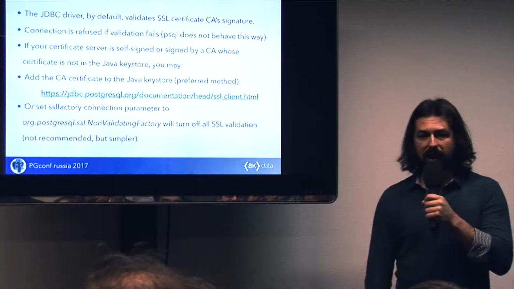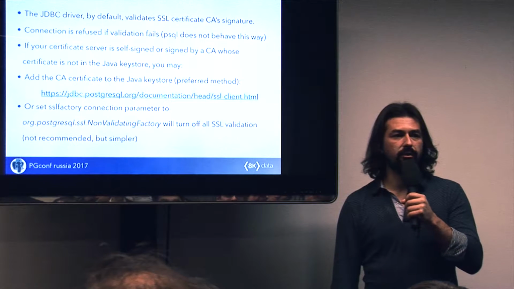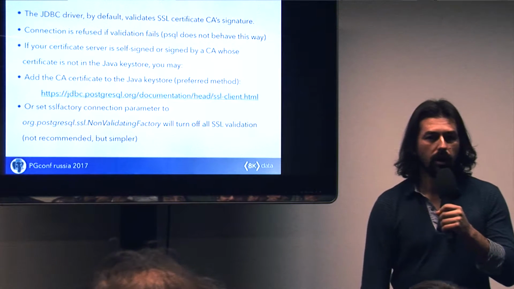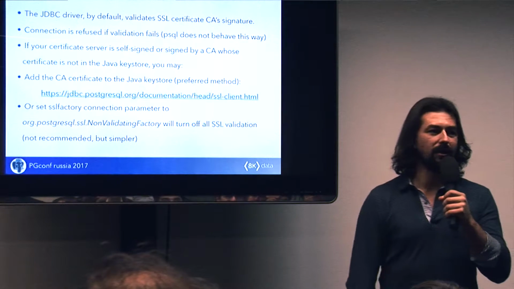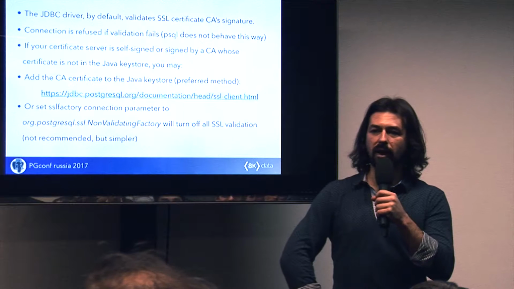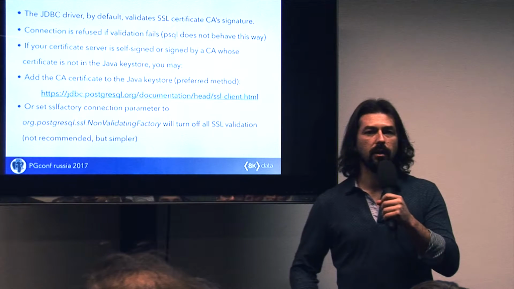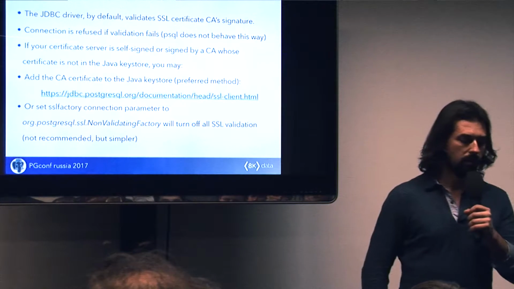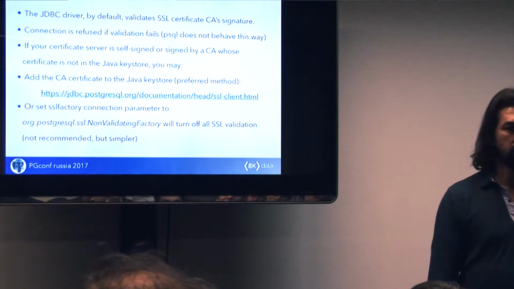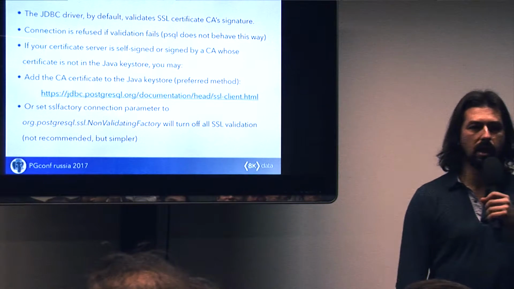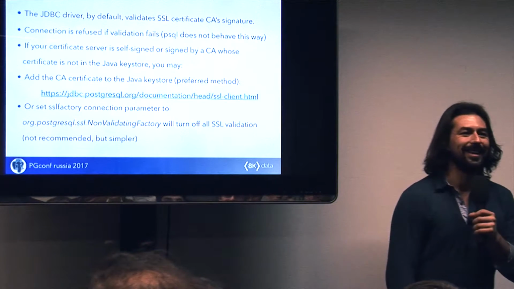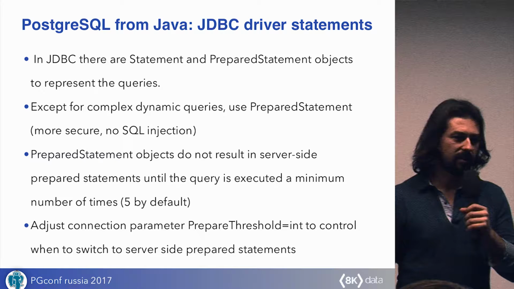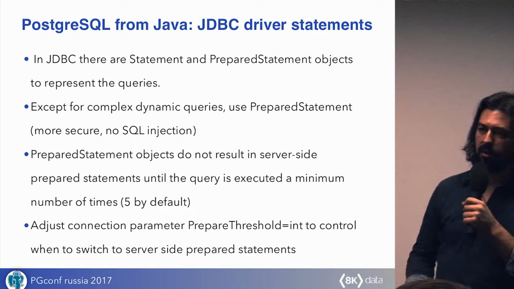But that's a really bad practice, because you will do this on test environments, and it will work, and suddenly then you're using Docker, and you ship that Docker to production, and then you're not validating certificates in production, and then bad things may happen. So don't do that. Just add the certificate to the key store, which is a very simple process anyway, and you're good to go. Don't be lazy, in other words. But this is something that creates some problems, and it's interesting to know.